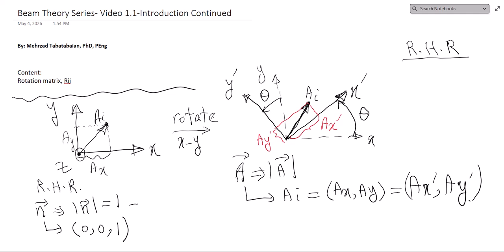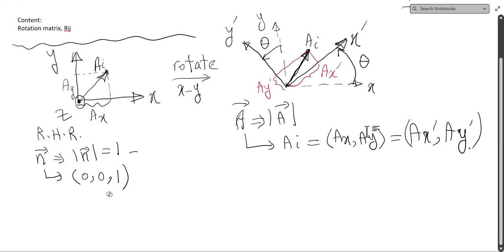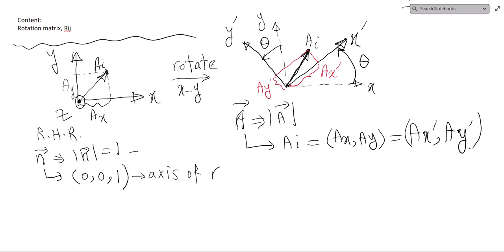So this is the axis of rotation. This is the important part. So this is the axis of rotation for theta.